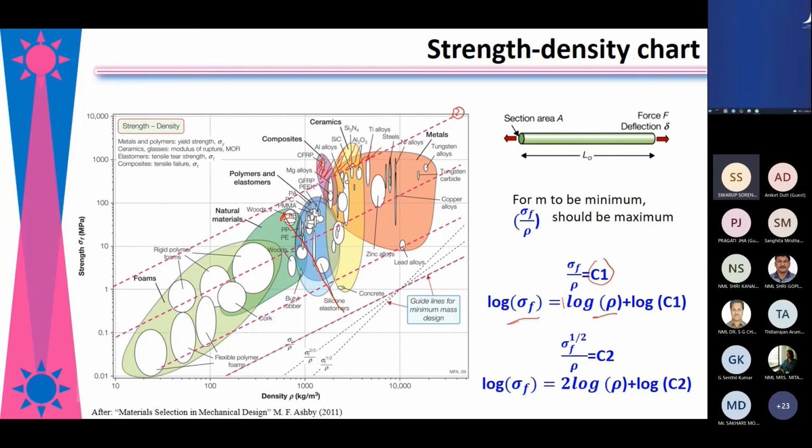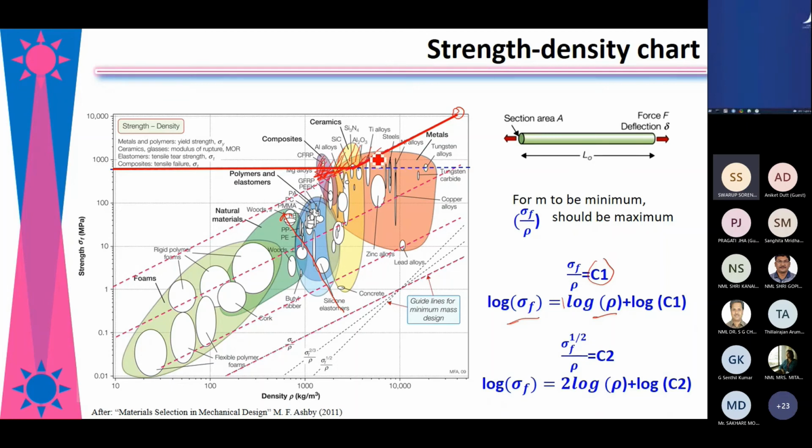Now, at the same time, if we want our material to have a strength of more than 600 megapascal, then this material is gone. This area will not be available to us. So any material which shows strength above this and any material which has sigma f by rho more than this, that means this area, will be chosen.